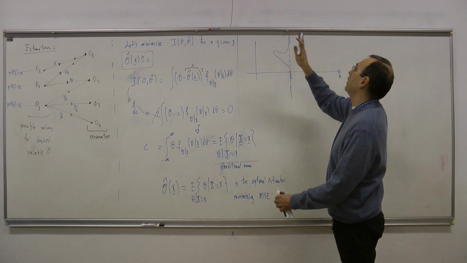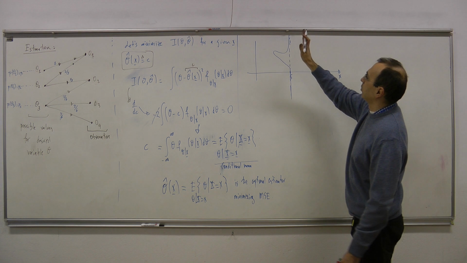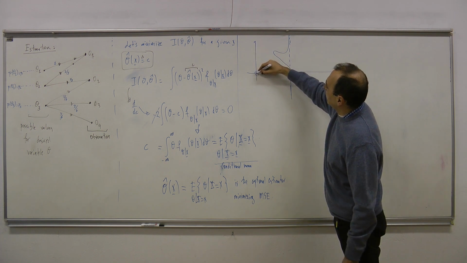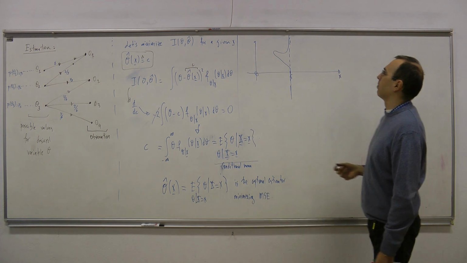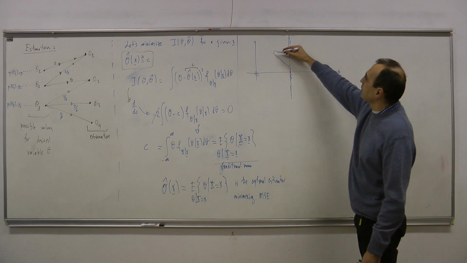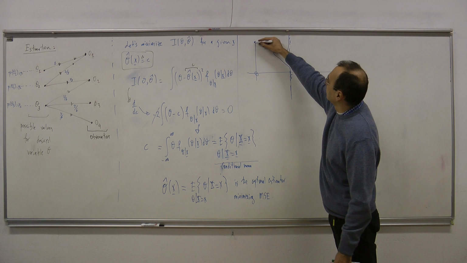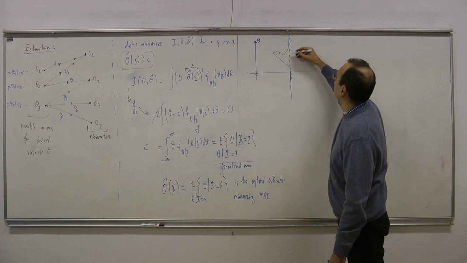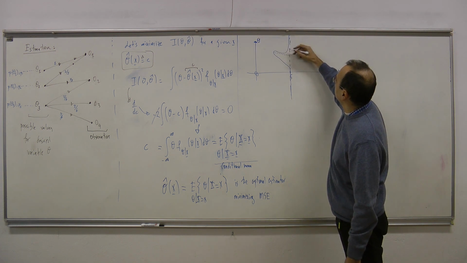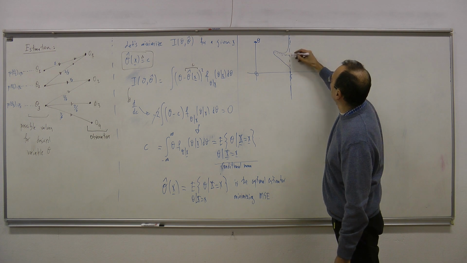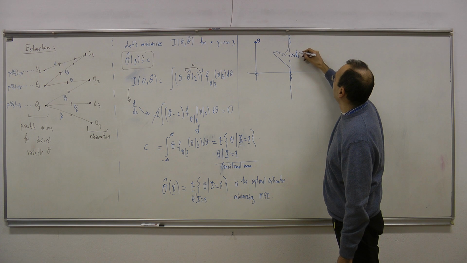So this is like a three-dimensional plot, with a z-axis in this direction. You see that when x is equal to 5, there is a peak value, at theta equal to, let's say, 5.